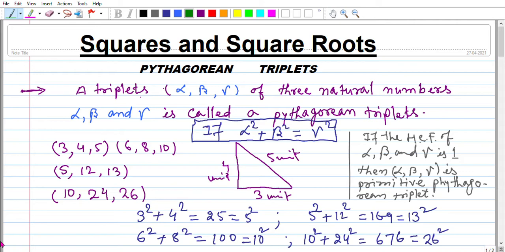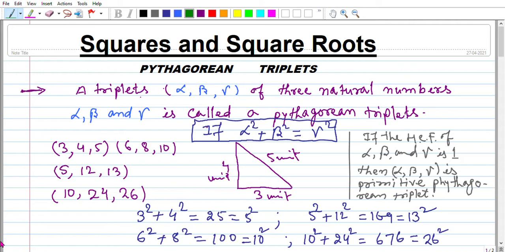A triplet means three members. A triplet alpha, beta and gamma of three natural numbers is called a Pythagorean triplet if it satisfies the condition alpha square plus beta square equal to gamma square.